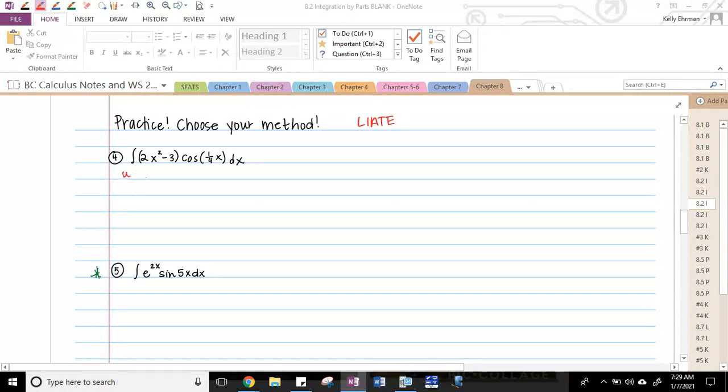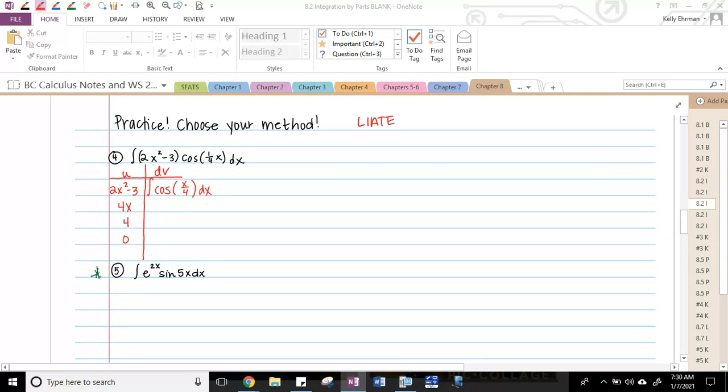So when I pick my u and my dv, u is going to be 2x squared minus 3, and dv is going to be cosine of, I'm just going to write x over 4 instead of 1/4 x dx. So taking derivatives of u gives me 4x, and then 4, and then 0.